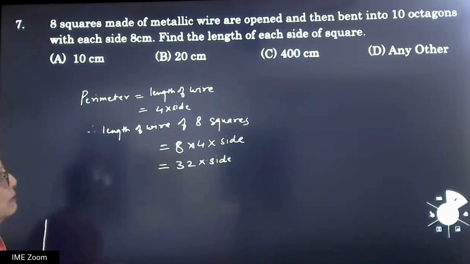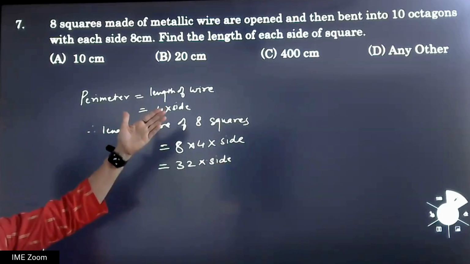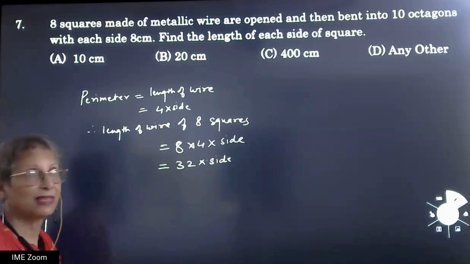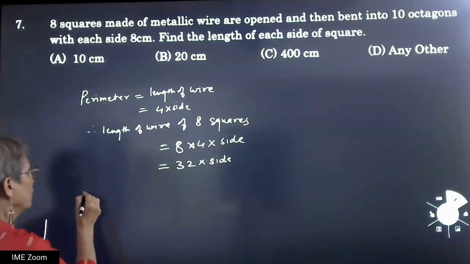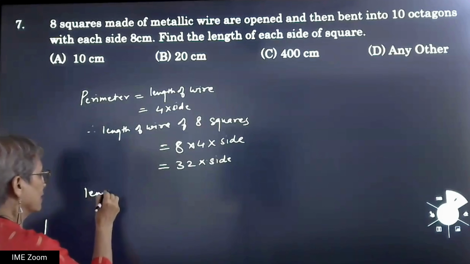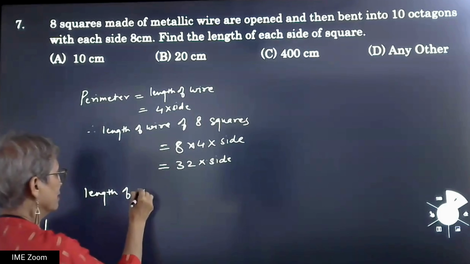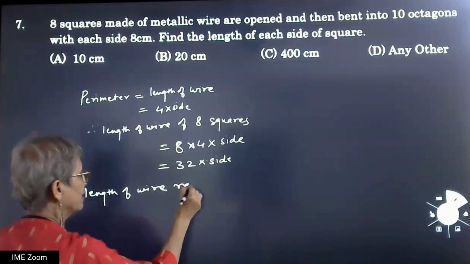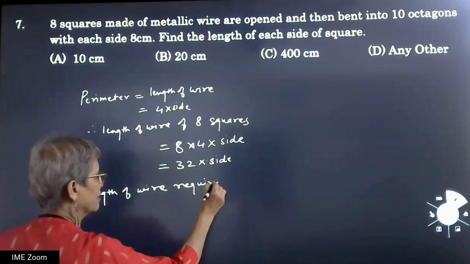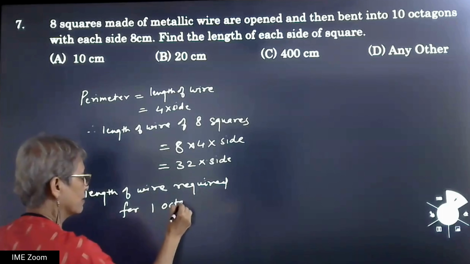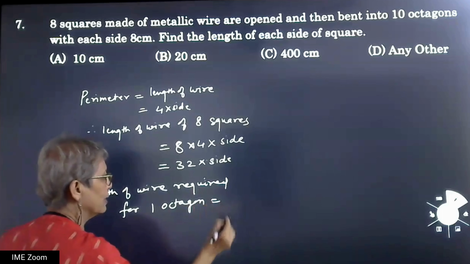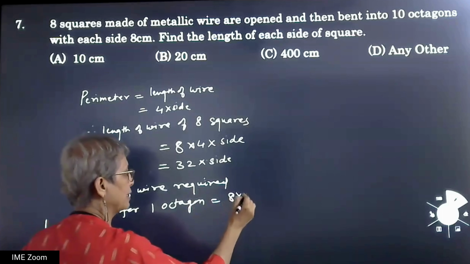Okay. Now, the same wire is used for making 10 octagons of each side 8 centimeter. So now length of wire required for one octagon is equal to 8 into side.